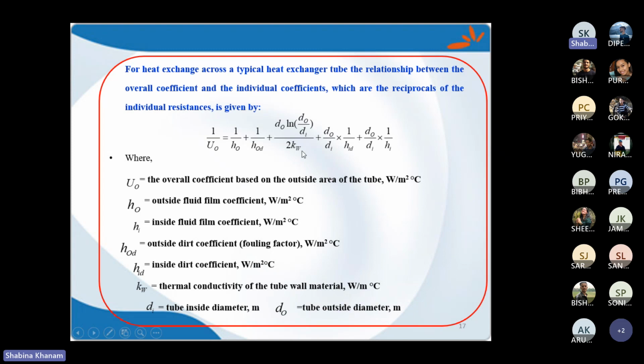And this thermal conductivity is a property of the material, we don't need to consider that again and again. We don't need to consider any variation. This is a fixed quantity with respect to the material. Okay, so Kw you can obtain.